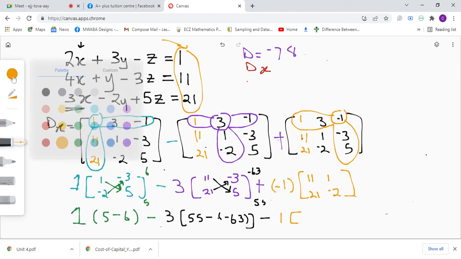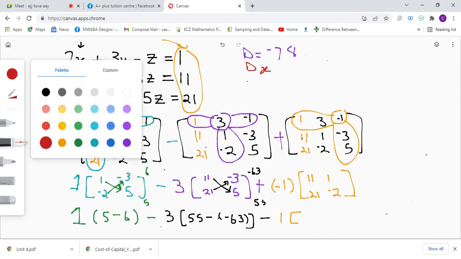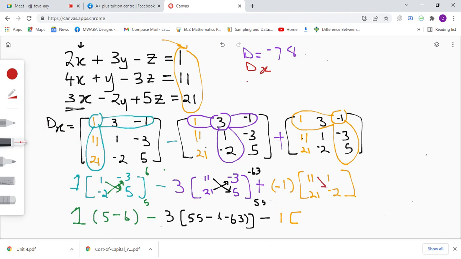Okay, so we're going to say 11 times negative 2, we get negative 22. Then 21 times 1 is 21. So we're going to say negative 22 minus 21.